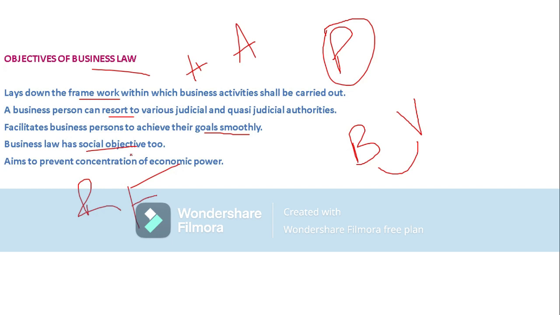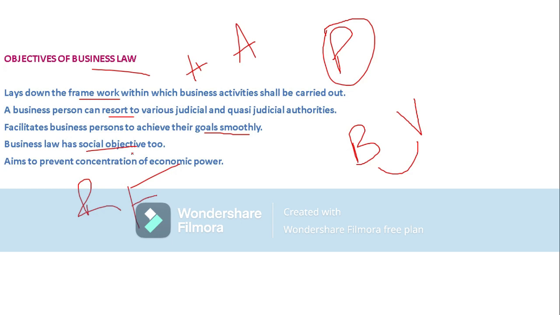They have to act according to the laws, according to the business laws only. So all these are related to the concern towards the public, related to society. Therefore some social objectives are also seen in the business law.